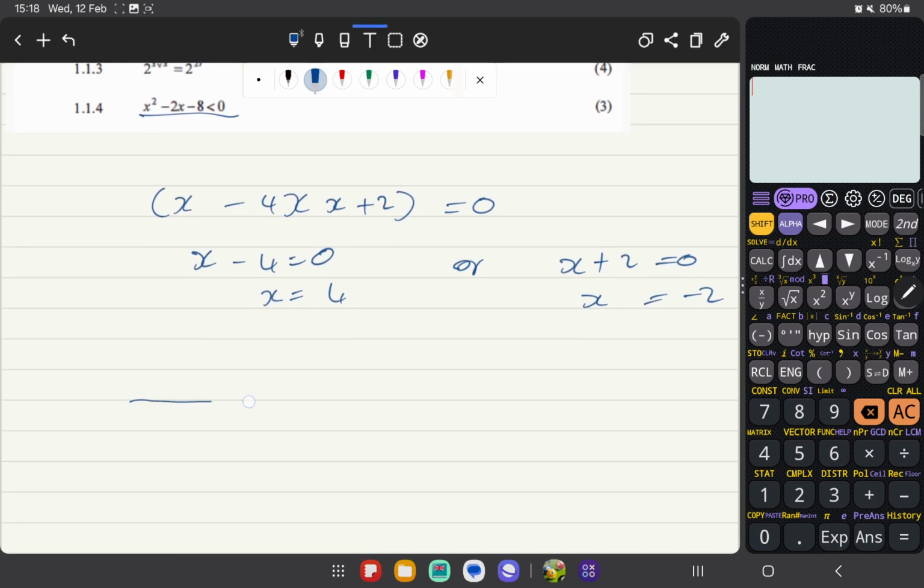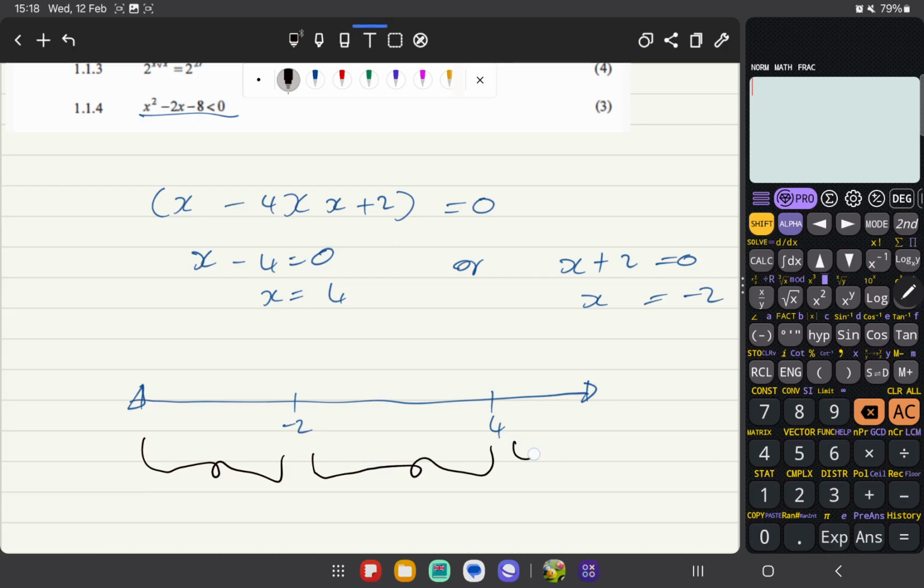You do your number line with those arrows showing continuity, then you realize you have three regions, like we've been saying. In the first region, I'm just going to take any value below minus 2.